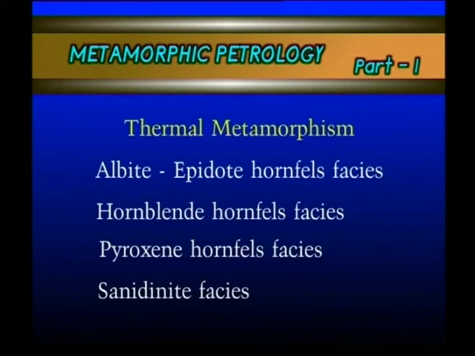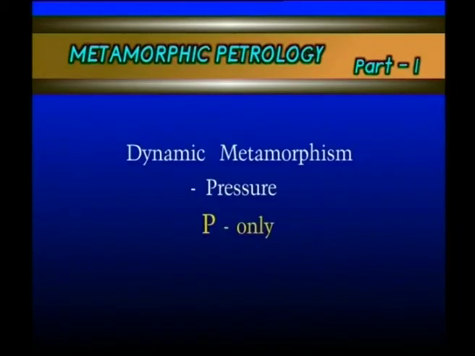Sanidinite phases normally occur in the immediate vicinity of intrusive rocks, and Albite epidote Hornfels phases normally occur at the outer fringe.